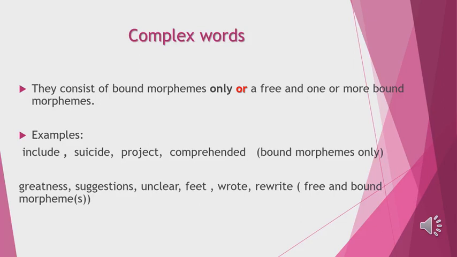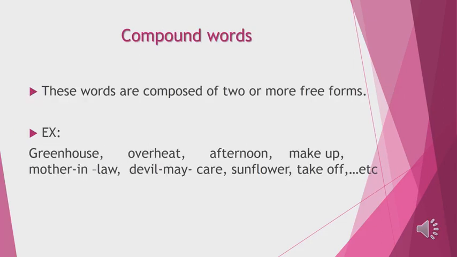Rewrite. Re is a bound morpheme, write is a free morpheme, so it is a complex word. So notice that complex words are either words that consist of bound morphemes only, or words that consist of a free plus bound morphemes.